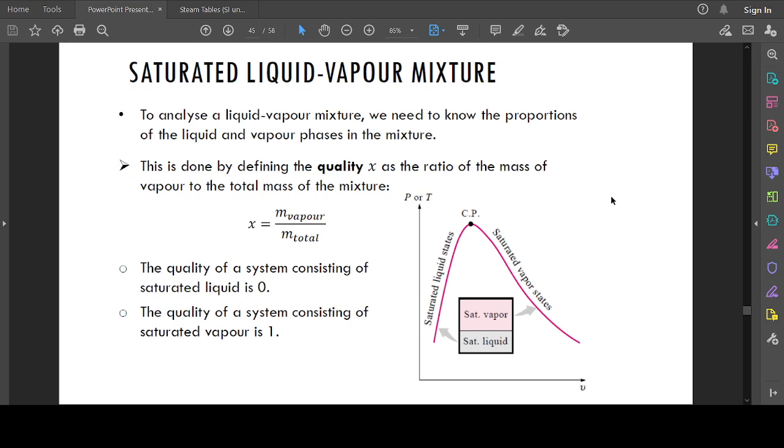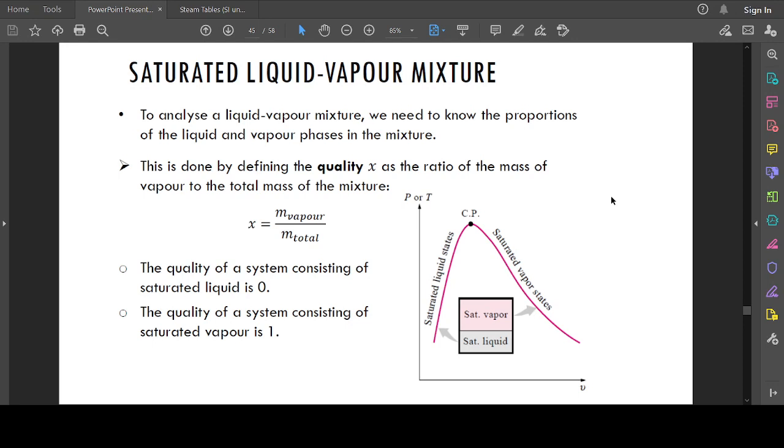If the system contains a lot of saturated liquid, the quality tends to zero. If the system consists mainly of saturated vapor, the quality is one.